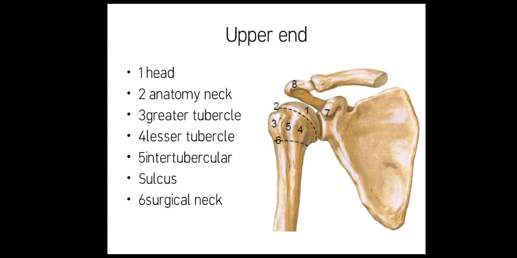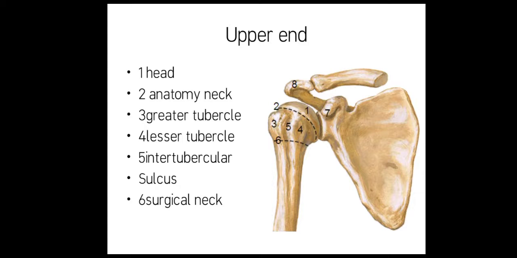If we talk about the upper end, the head of the humerus is the first part that we can notice here. This is the head. It is circular in shape and is present in the glenoid cavity. It is directed medially, upwards and backwards.